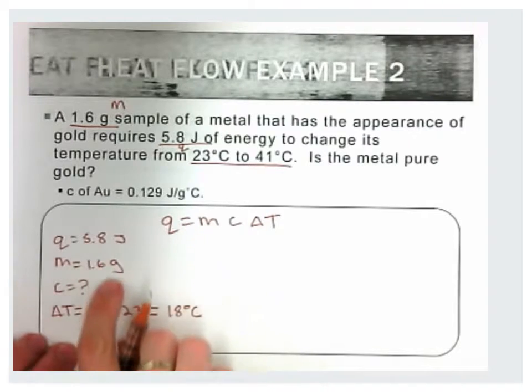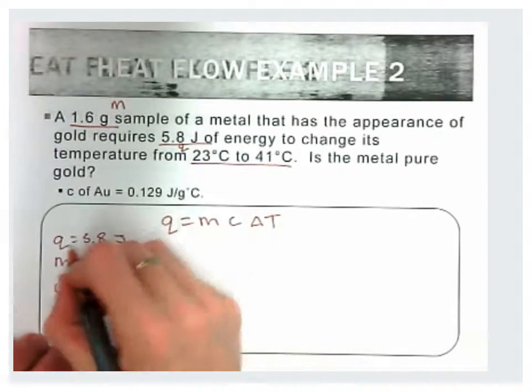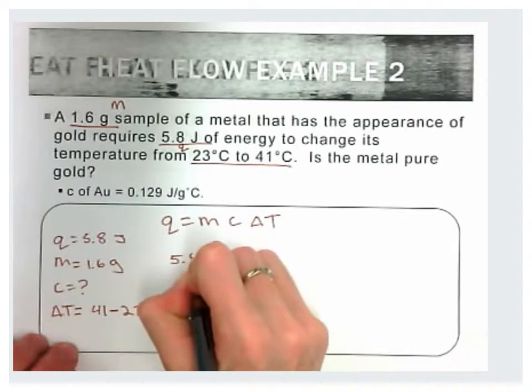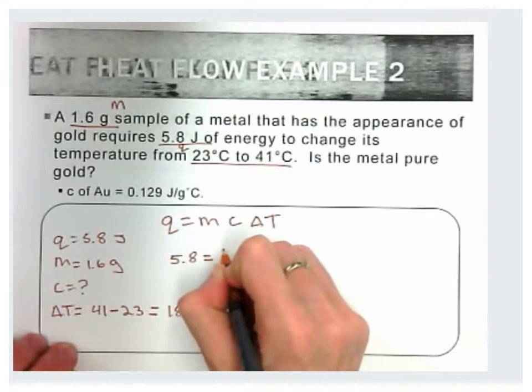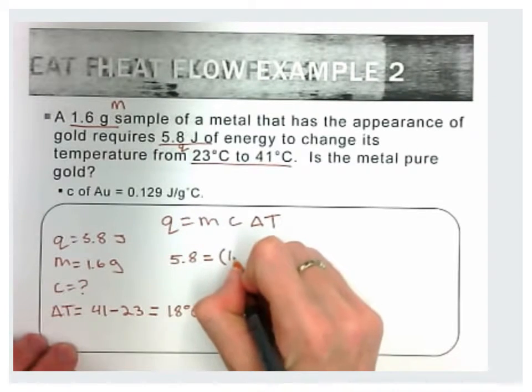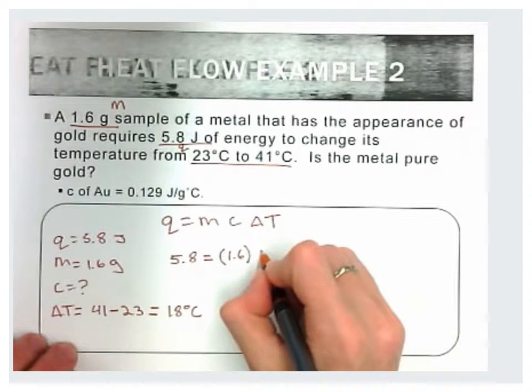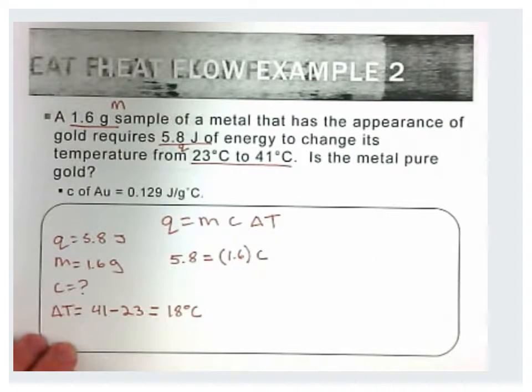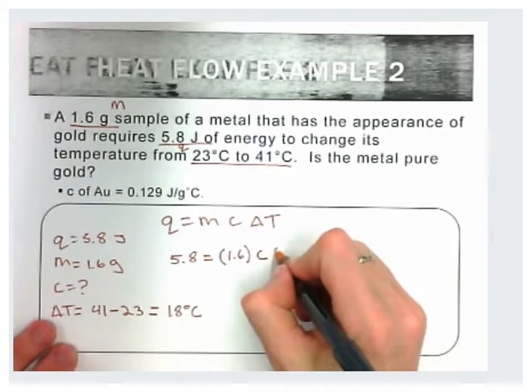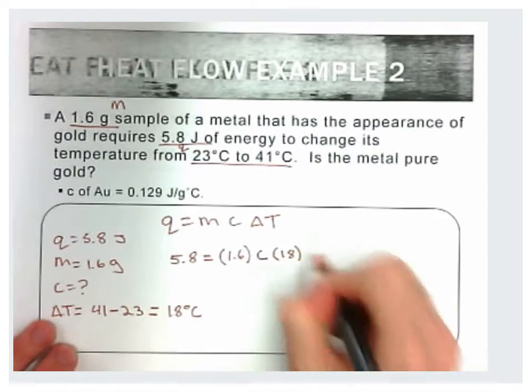Now I'm going to plug everything I know into my equation. For Q, I'm going to put 5.8 equals. For M, I'm going to put 1.6. For C, I can't put anything there. I don't know what it is, so I'm just going to leave it. And for delta T, I'm going to put 18.